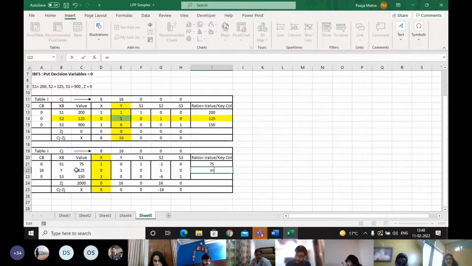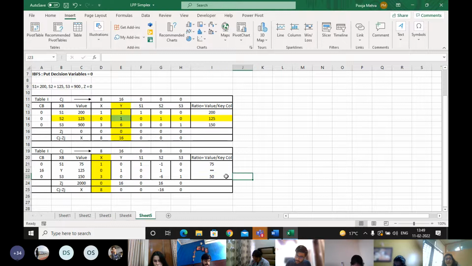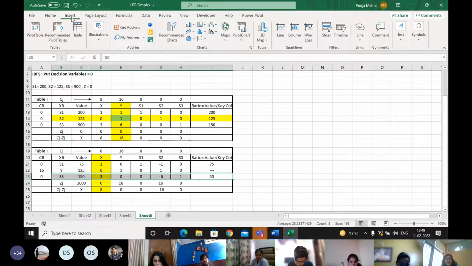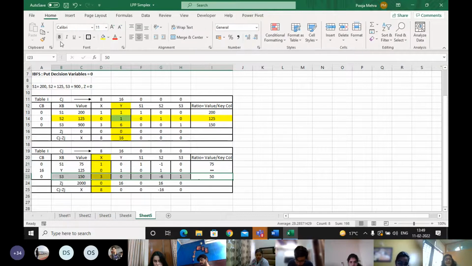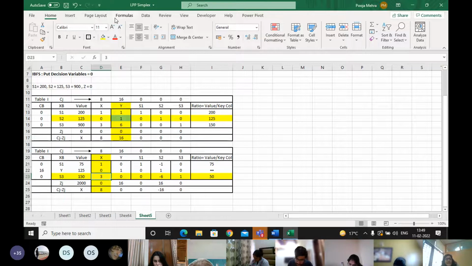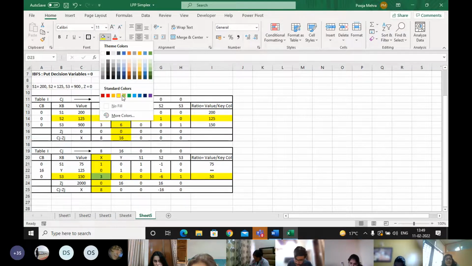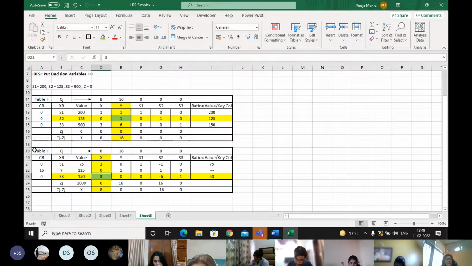And then we have 150 divided by 3, which is equal to 50. The criteria for the ratio is least positive, so infinity is the most positive, and we need to select the least positive. So the departing variable is S3, and the key element is 3. We make the next table.